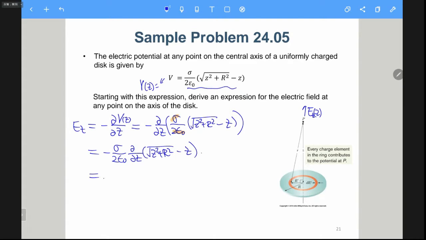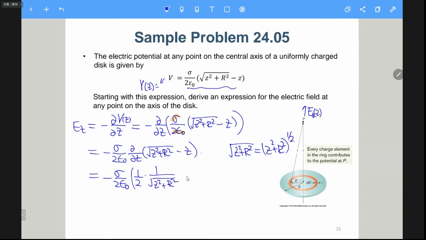This is minus sigma over 2 epsilon naught, and then the square root is z square plus capital R square to the 1/2 power. When we take the derivative, we multiply by the power, 1/2, and reduce the power by 1, which gives 1 over the square root of z square plus R square.